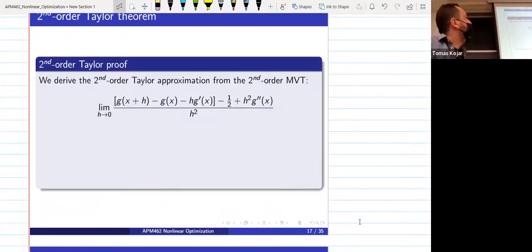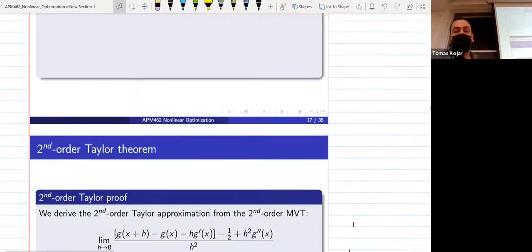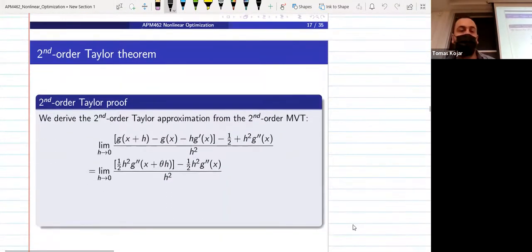So this is the left-hand side in Taylor's theorem. There's no plus here. And on the first step, we apply the second order mean value theorem.